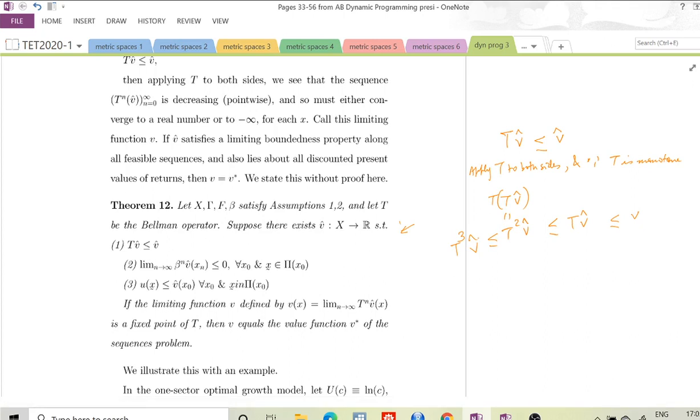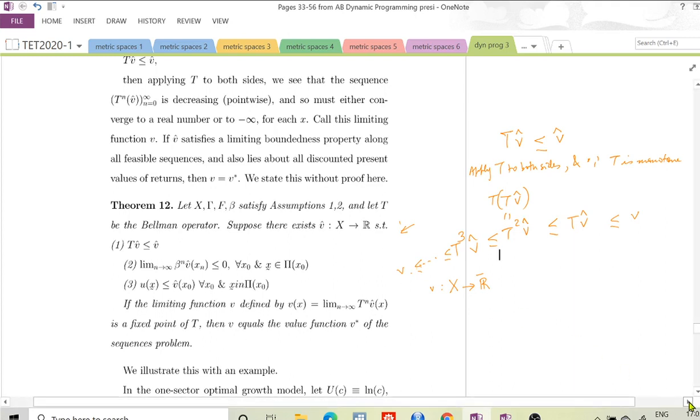Whichever it is, if I can define my v function on the extended real numbers, I'll just say that this v function exists. It's the limit. And the theorem says that this actually will be the value function.